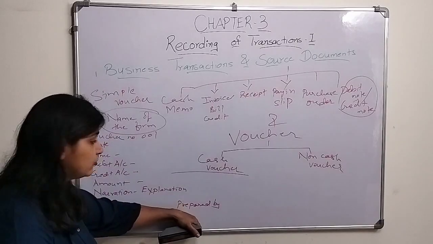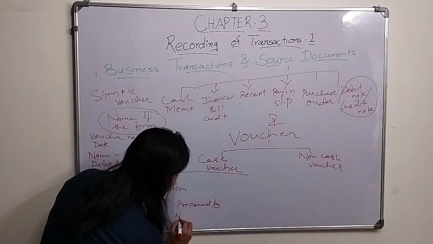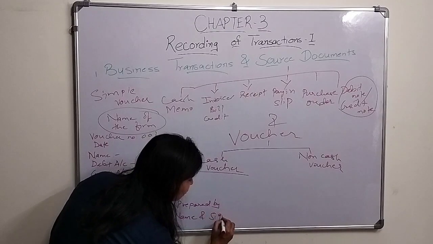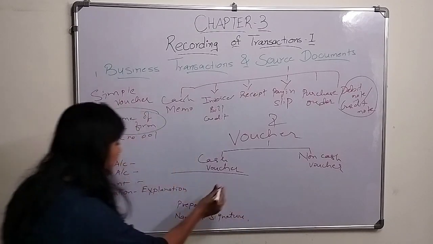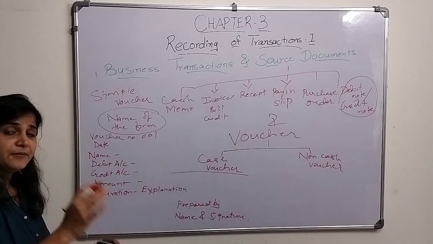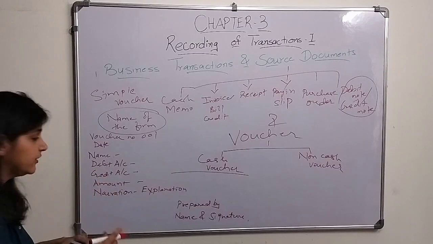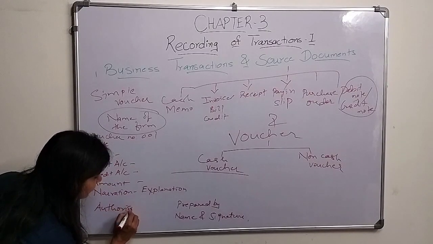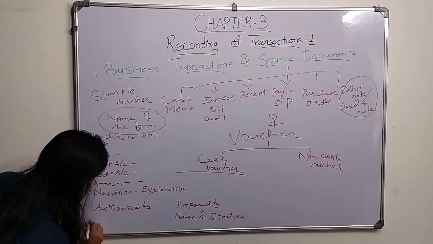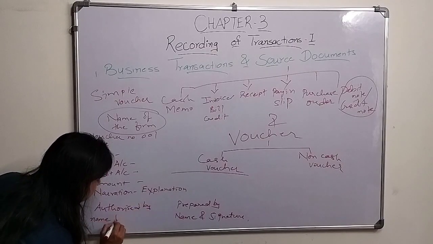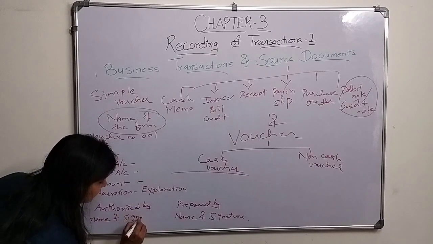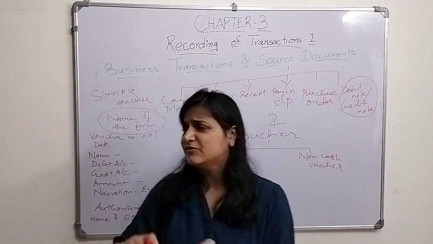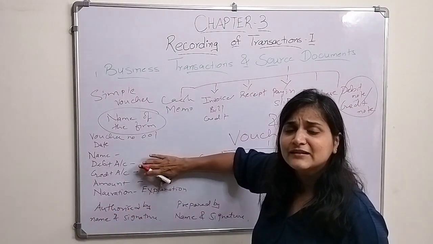So somebody is there who will prepare it, so he has to write his name and signature. Similarly, once it has been prepared, it has to get authorized by somebody. So it will be mentioned who is authorizing it, that person's name and signature. Okay, simple, these are the basic things which need to be there in the voucher.